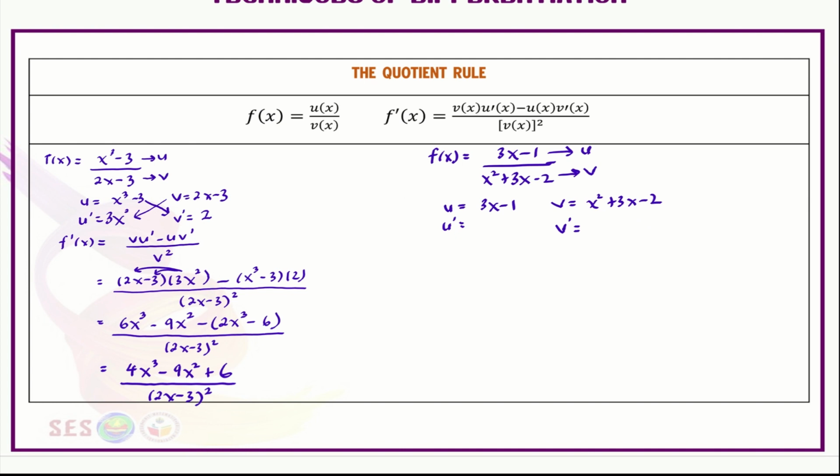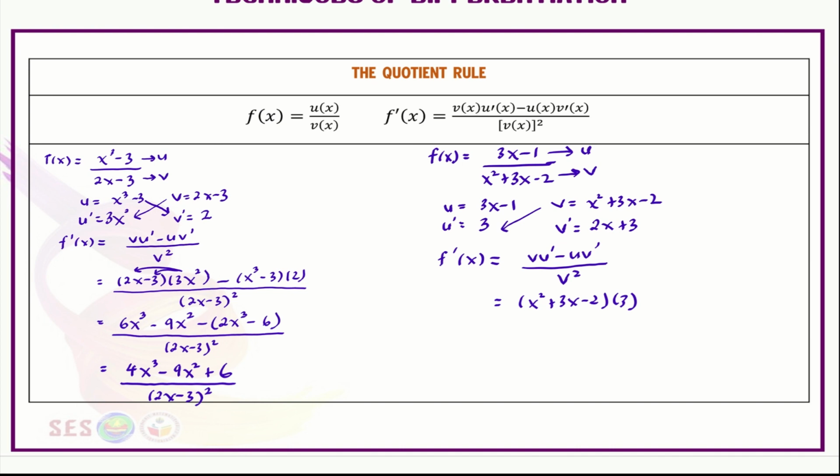Our u prime in this example is 3, and v prime is 2x plus 3. So plug into the formula. We have f prime x equals (v u prime minus u v prime) divided by v squared. v u prime is x squared plus 3x minus 2 times 3.